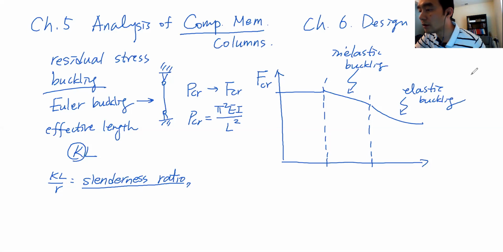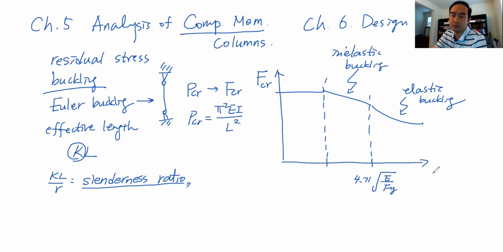Here we go, Figure 5.7. The borderline between the inelastic buckling and elastic buckling is here, 4.71 square root of E over Fy.